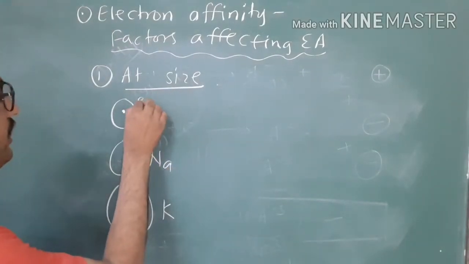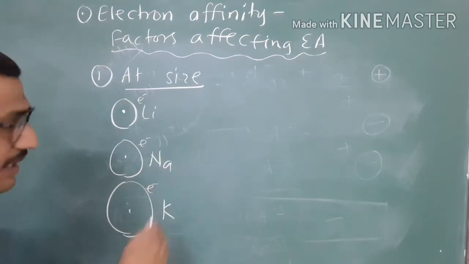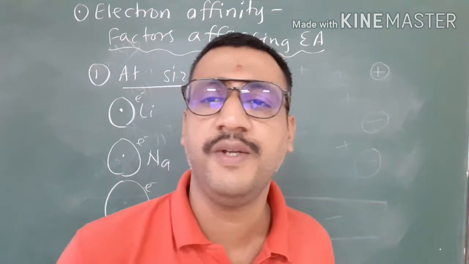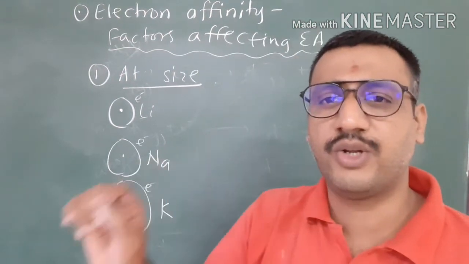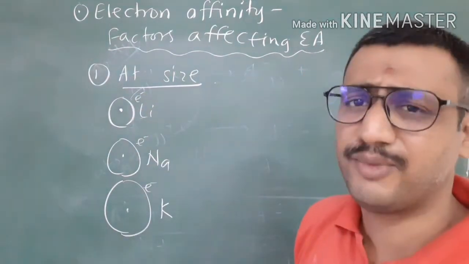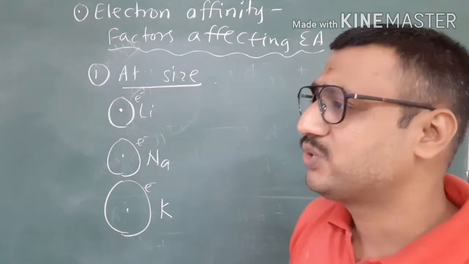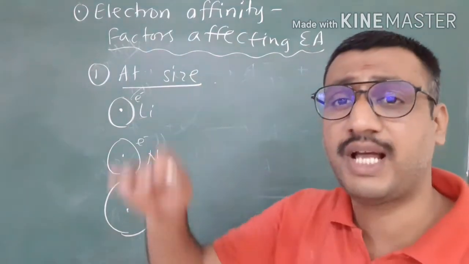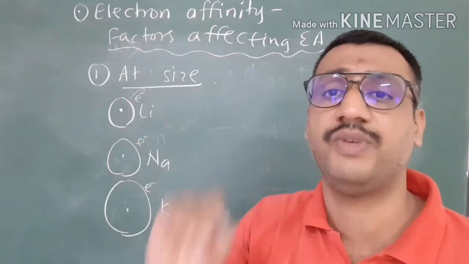These are electropositive and have no tendency to take an electron, but when we put an electron in them, a very small amount of energy is released. Among these three, which has the higher electron affinity value?